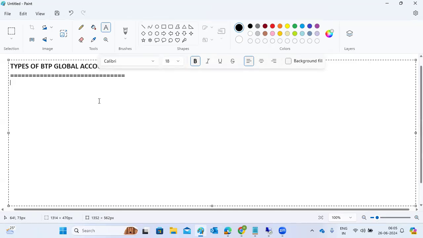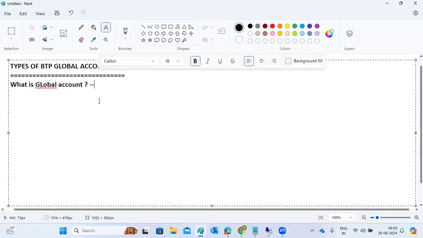First of all, what is a global account? That is the first question here. The global account is the realization of a contract that you or your company has made with SAP.